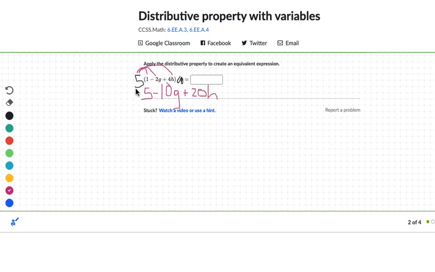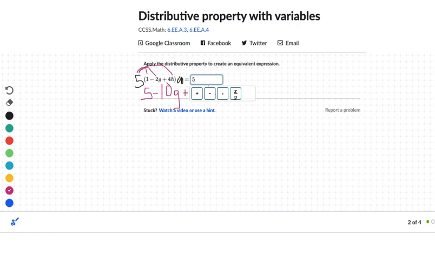Notice what I did here. 5 times 1. 5 times negative 2g, and 5 times 4h. And then I'll type it in there, 5 minus 10g, and then we have a positive 20h.